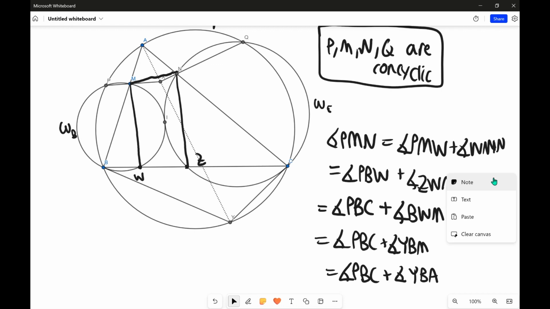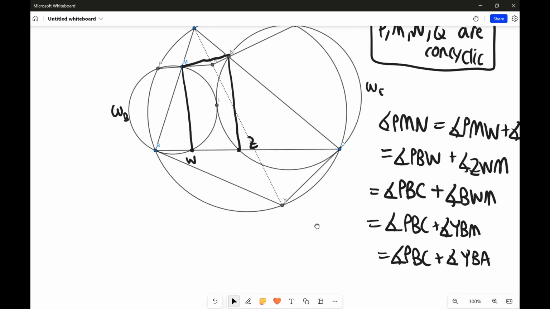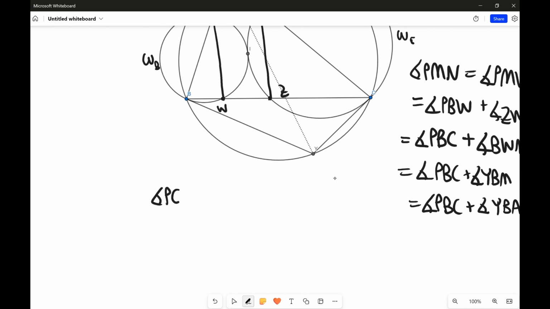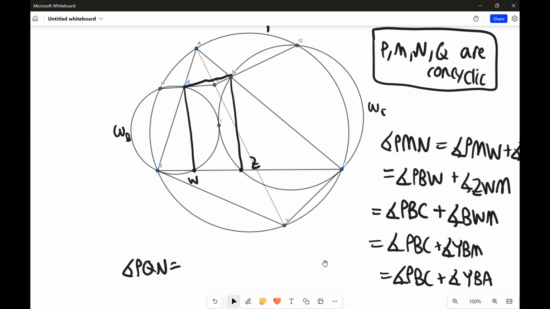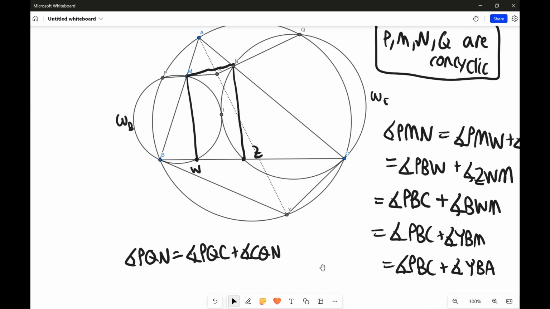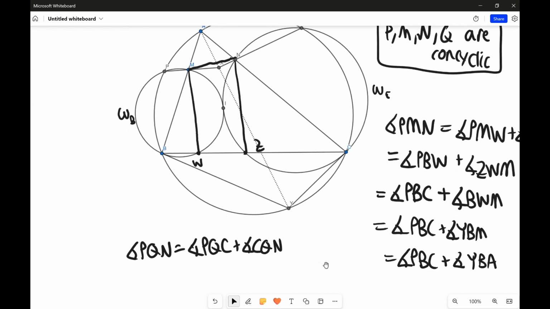Now let's consider the other side of the story, finding angle PQN. So in order to find PQN, we have this point C here, and Q is really related to point C, so we might want to try splitting it at point C. This gives us directed angle PQC plus directed angle CQN. And directed angle PQC, because Q lies on big gamma and so does P, is equal to directed angle PBC.